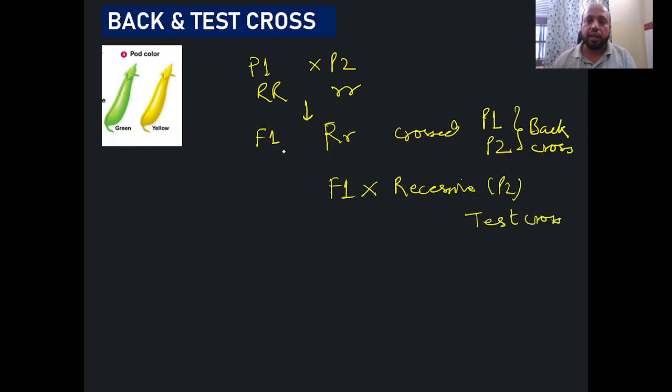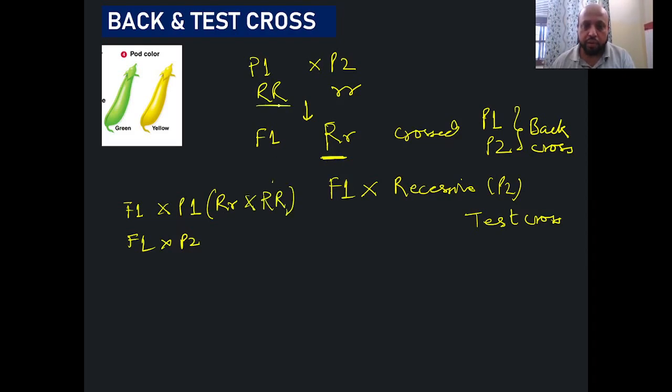So if I have to write this, that is the F1, if it is crossed with, let's say, P1, or an F1 which is crossed with P2, that is, capital R small r genotype, which I am referring to, is crossed. So this is the genotype of a P1 plant, and similarly this is F1, we know the genotype, and it is crossed with the recessive parent. This is called a backcross.